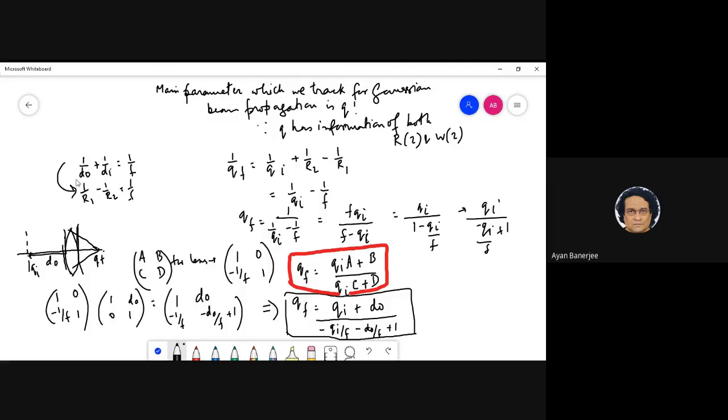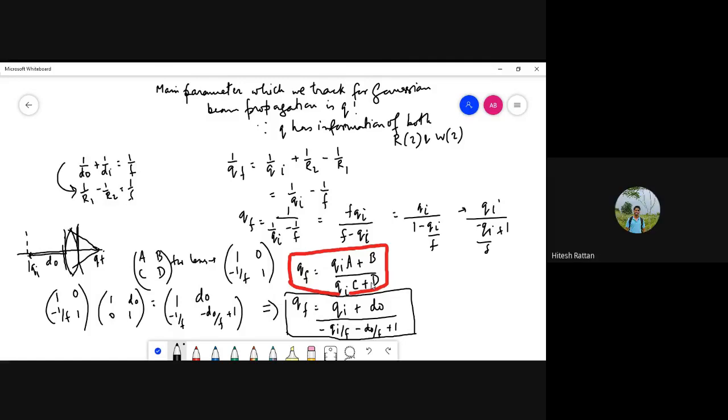It goes by the thin lens equation, just the focusing part. So show that after it travels D0 and the lens focuses, the QF is related to the input QI, that is, QI at this point before it traversed D0, by this, which is basically going to again demonstrate that for a Gaussian beam the ABCD matrix transforms as this: QF is QI A plus B by QI C plus D. Just verify this.